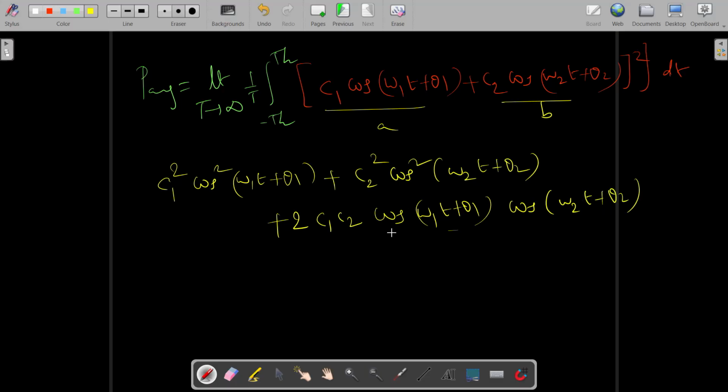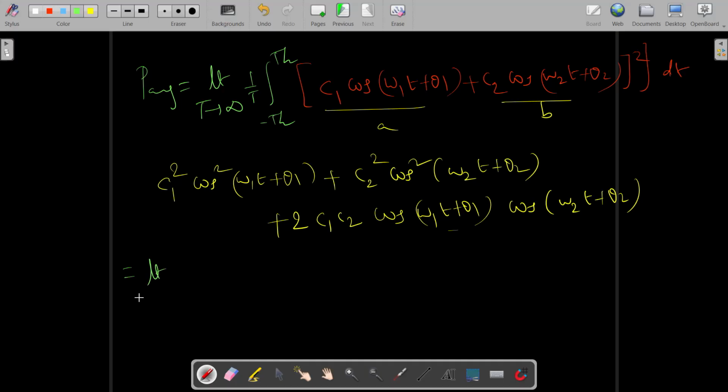This is the square term expansion, a square plus b square plus 2ab. Now, taking the previous video as background, let us take this integration.